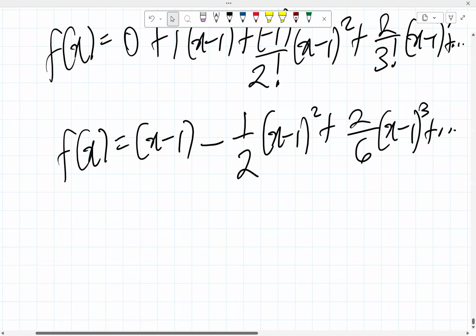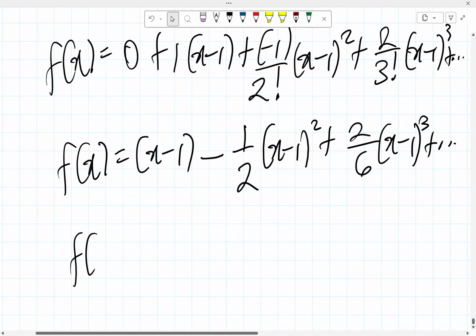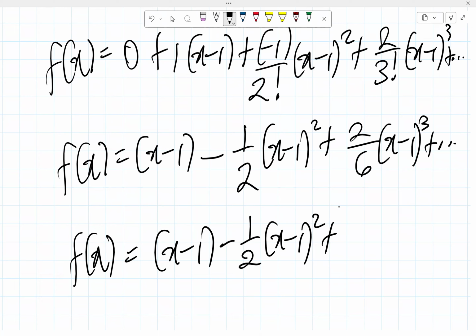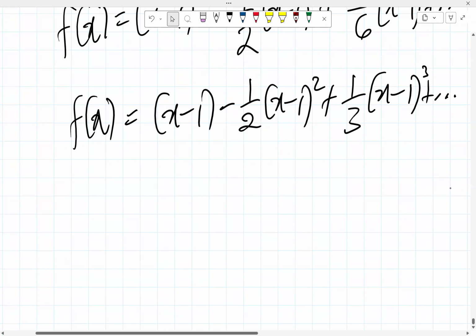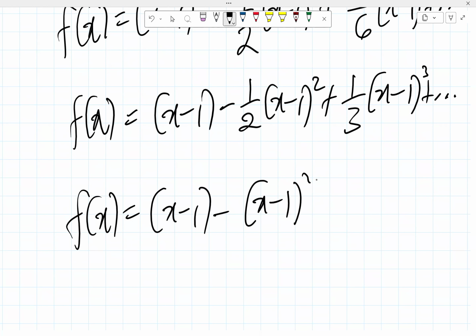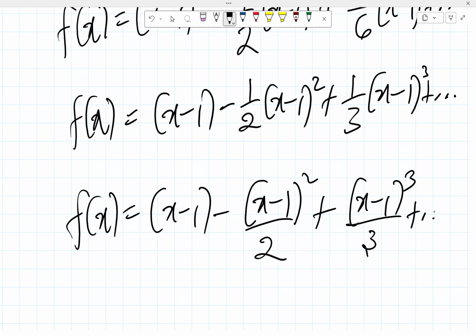You see that f of x is equal to x minus 1, minus 1 over 2 x minus 1 squared, plus 2 over 6, which is 1 over 3, x minus 1 raised to 3, plus all that. Then f of x now is equal to x minus 1, minus x minus 1 squared over 2, plus x minus 1 cubed all over 3 and all that.